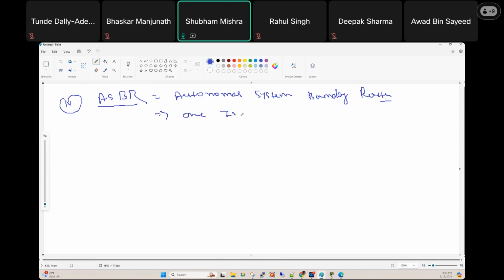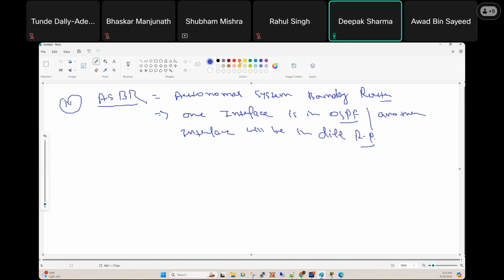One interface is in OSPF, and another interface will be in a different routing protocol. That router is called ASBR.